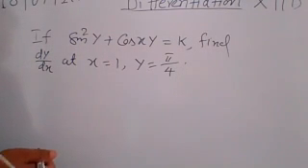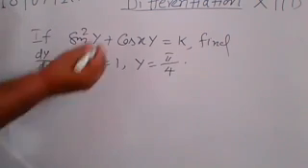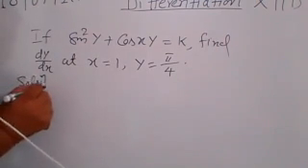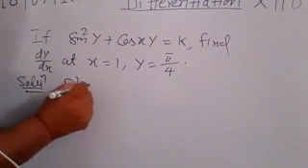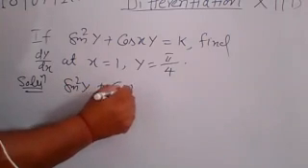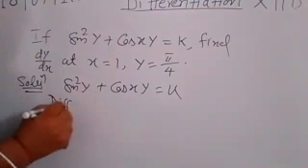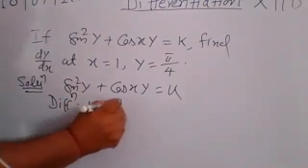Yes, so first you try to find the value of dy by dx from the given equation. In the solution, you write sine square y plus cos of xy is equal to k, and differentiate with respect to x.